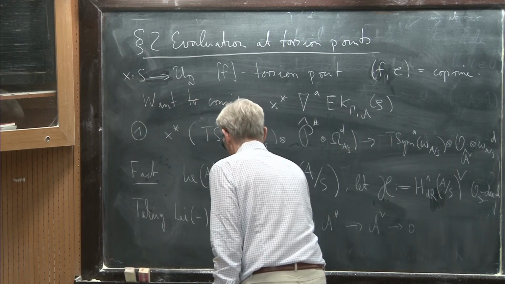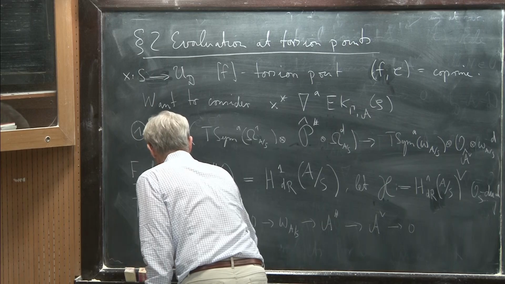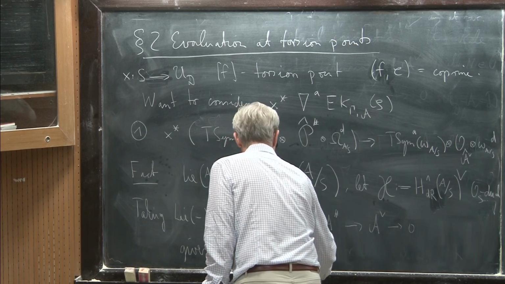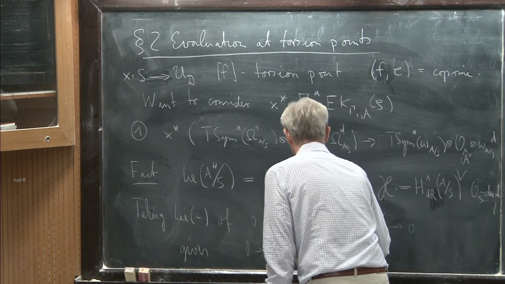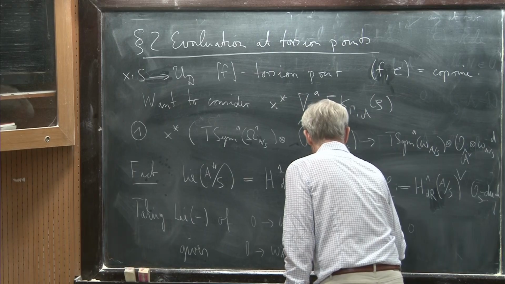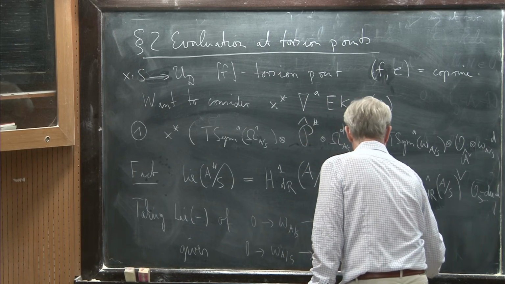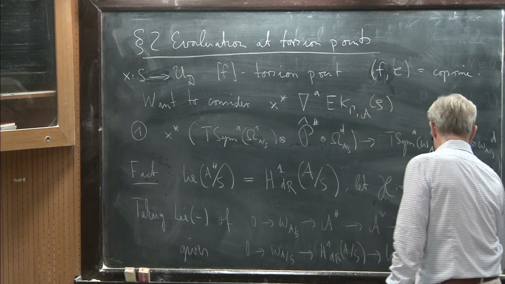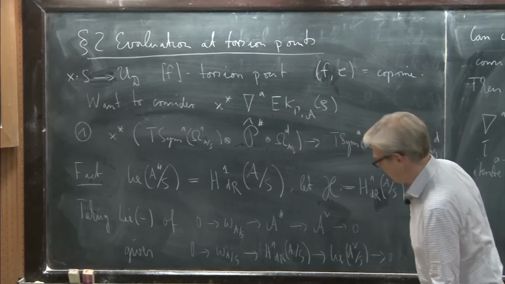What we get gives the following sequence: omega A over S, then you go to H1 de Rham of A over S, and then you go to the Lie algebra of A dual over S. And this is something you might have seen before.